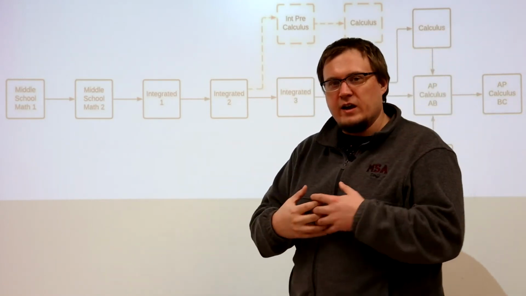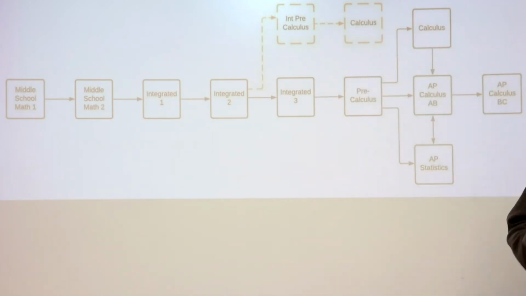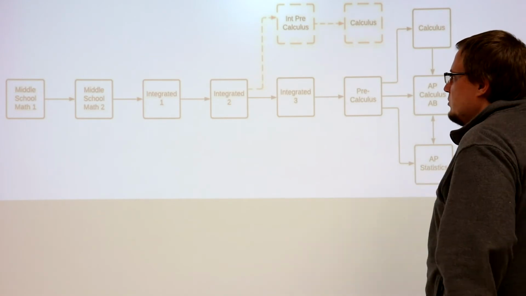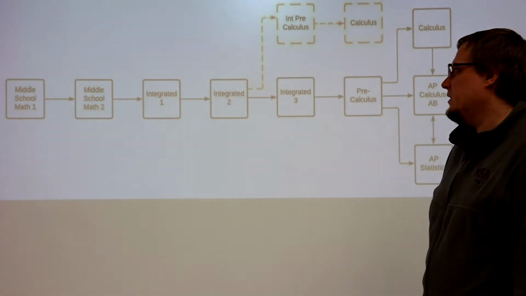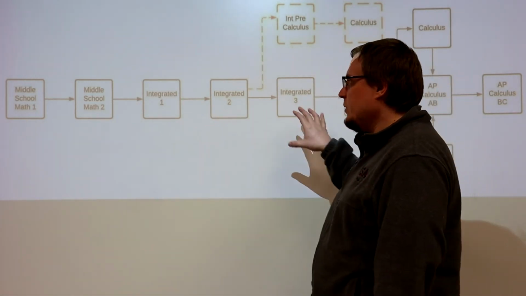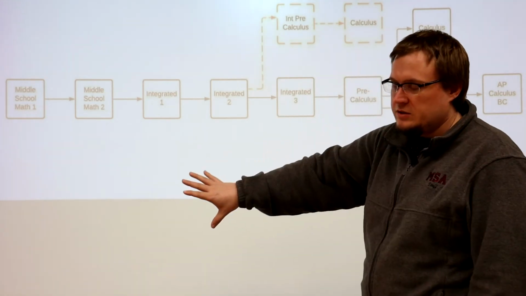So we'd rather do it within the year, and we find that students don't lose those algebra skills as much if we have them integrated. So that's our integrated 1, 2, 3 in place of an algebra 1, geometry, algebra 2.